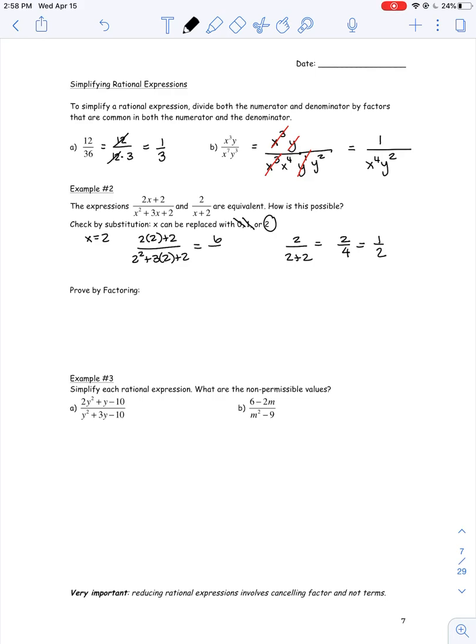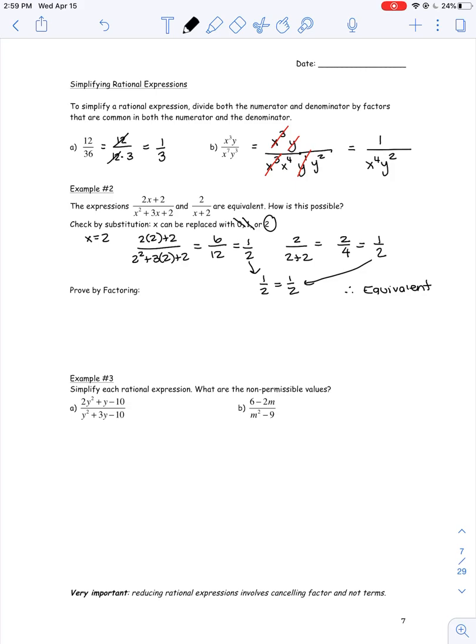This one's going to be 4 plus 2 is 6, and then 2 squared is 4, 4 plus 6 is 10, plus 2 is 12, and then 6 over 12 can simplify as 1 over 2. As you can see, 1/2 equals 1/2. So they are equivalent, so that means that they are equal to each other, therefore equivalent.